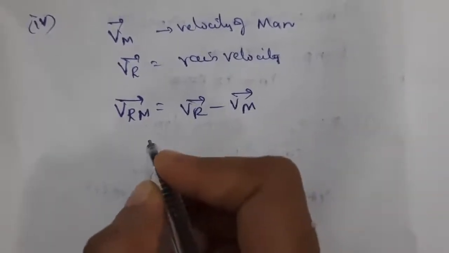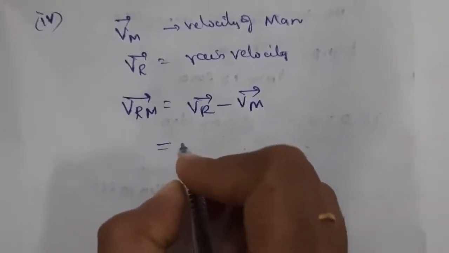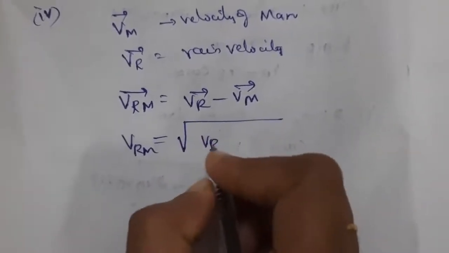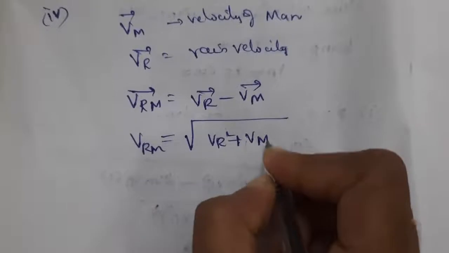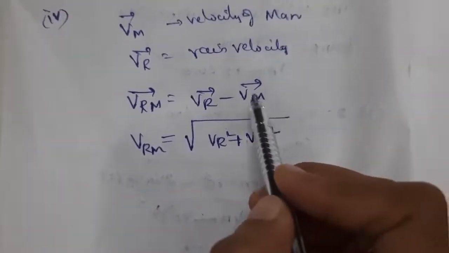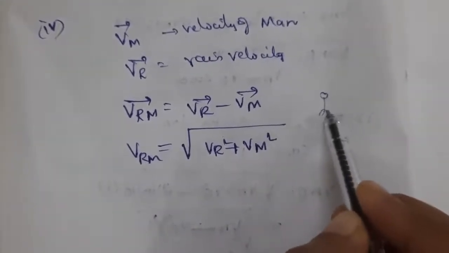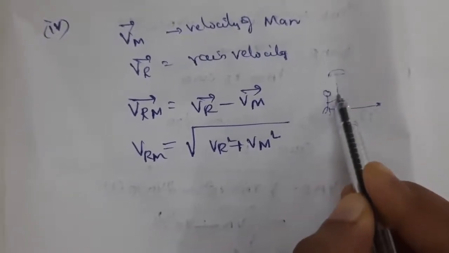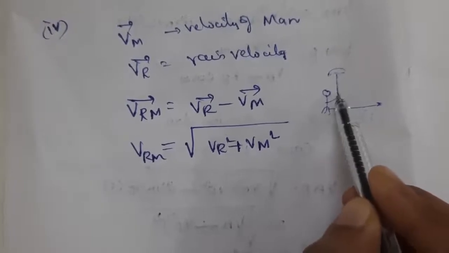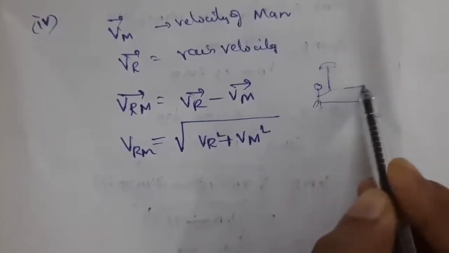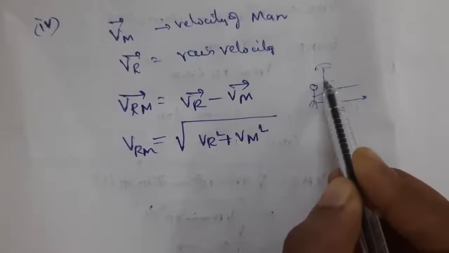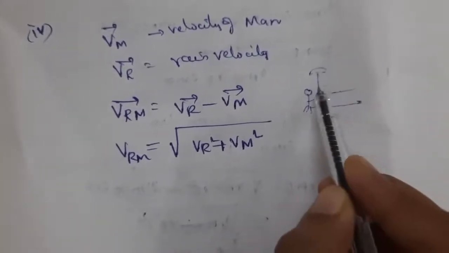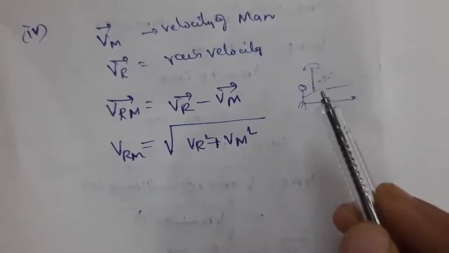Vr minus Vm. So we can write the magnitude as Vrm is equal to root of Vr square plus Vm square. Since the person is walking horizontally and he is holding the umbrella vertically, the angle between these two, the rain direction and the person moving direction, is 90 degree.